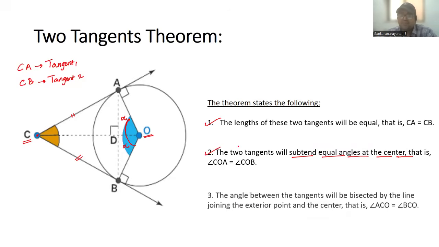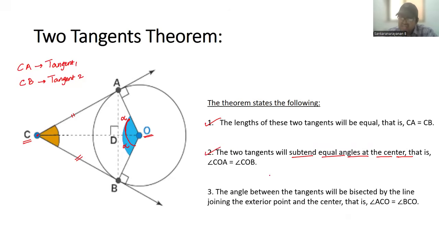In the same way, the angle between the tangents will be bisected by the line joining the exterior point and the center. So you can see that CA is one tangent, CB is the other tangent.